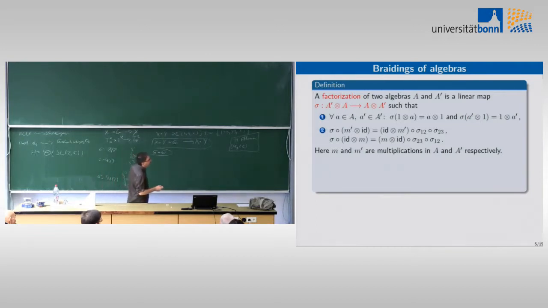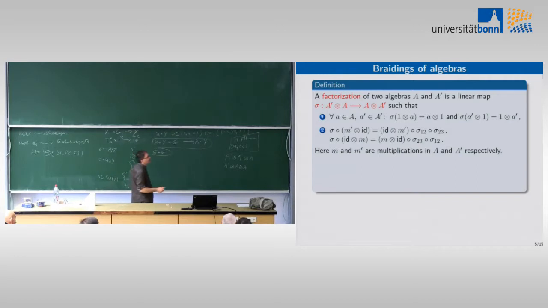Here I use leg numbering. For this equation, you really have to unravel the spaces. Here I have m prime, so the first equation happens on A prime tensor A, and the second equation happens on A prime tensor A. I'm just using the usual leg numbering notation.